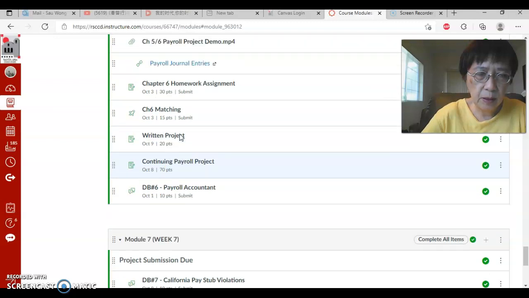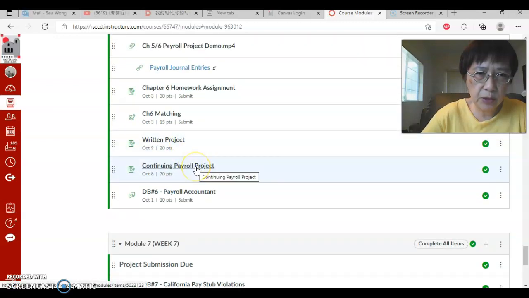The continue payroll project is an Excel spreadsheet project. It's going to start on week 2, module 2, and it's due on October 8th, worth 70 points. Written project is another project you need to do.